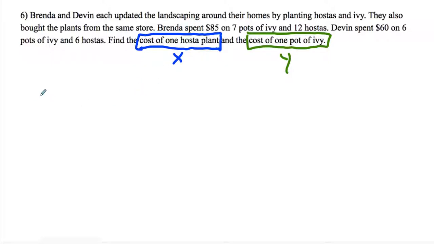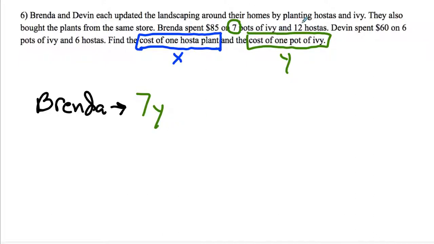Okay, so let's look at Brenda's. She spent $85 on 7 pots of ivy and 12 hostas. 7 pots of ivy, and ivy was y, so I'm going to do 7y.